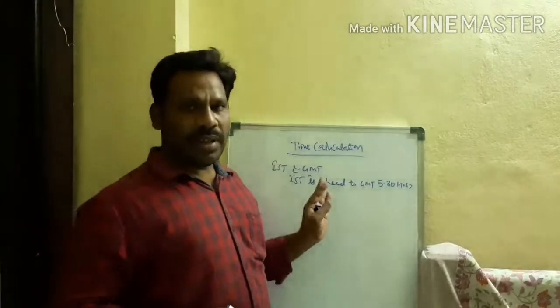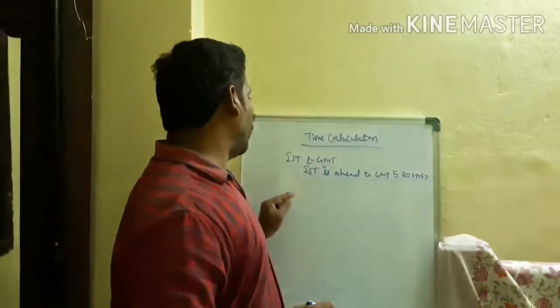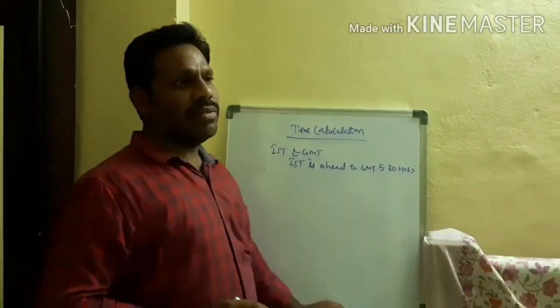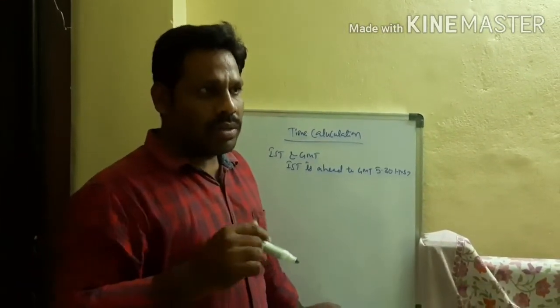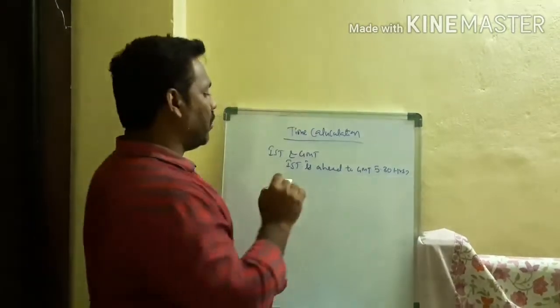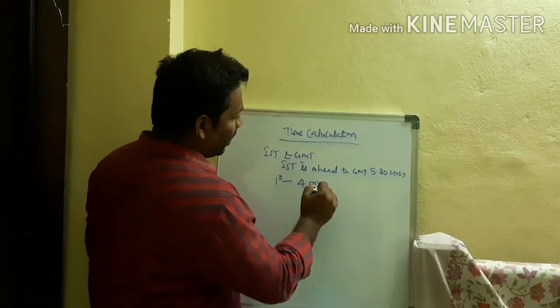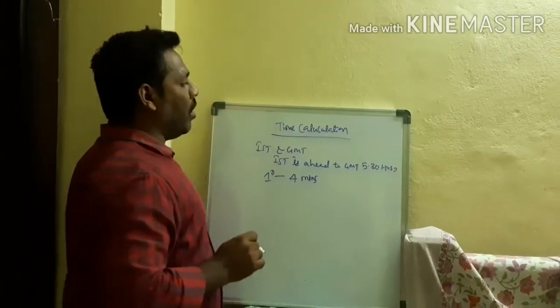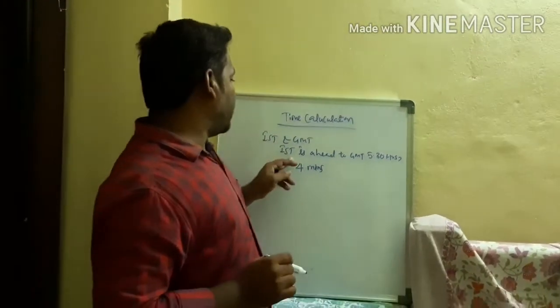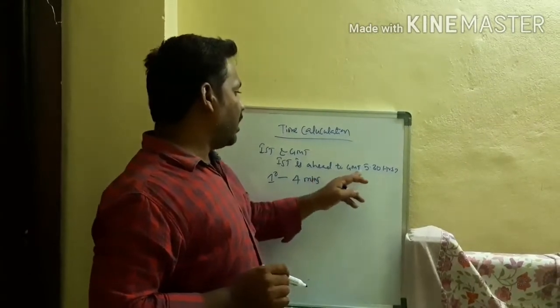We have to prove it in the calculation method. How to prove? For example, we discussed in the 9th class, for the earth to cross 1 degree, it will take 4 minutes. Earth will take how many minutes to cross 1 degree? 4 minutes. And how do we have to prove IST is ahead of the GMT?